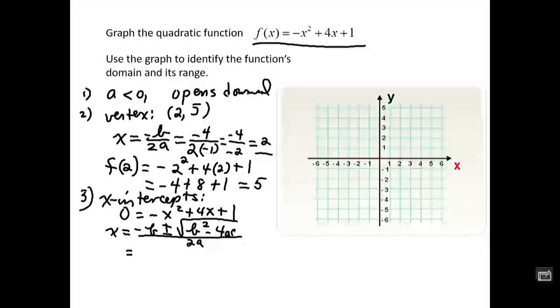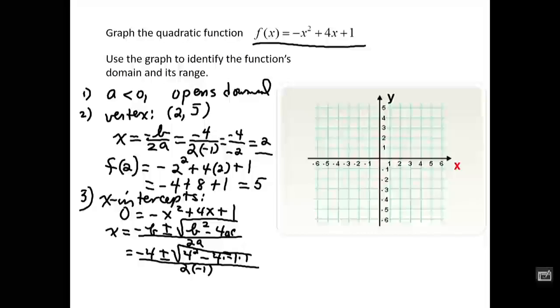In this case, we have b is 4, so that's a negative 4 plus or minus the square root of b squared, so that's 4 squared minus 4 times a. A is a negative 1 times c. C is 1. All divided by 2 times a. A is a negative 1.